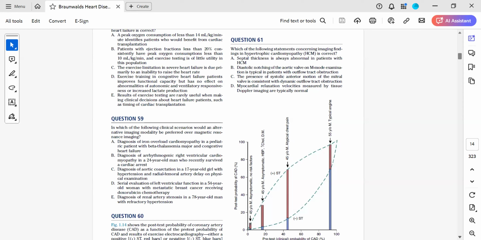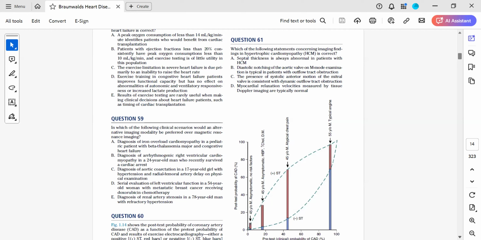Let me start taking it one by one. Septal thickness is always abnormal in patients with hypertrophic cardiomyopathy. I don't know, the "always" in there is making me feel that this option is not likely to be true.